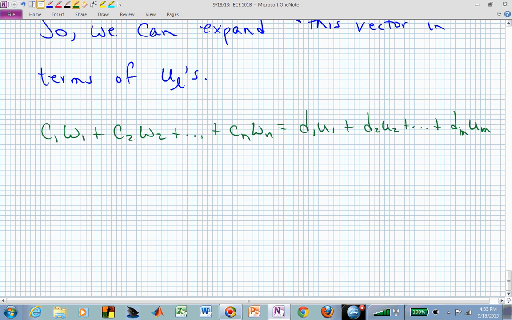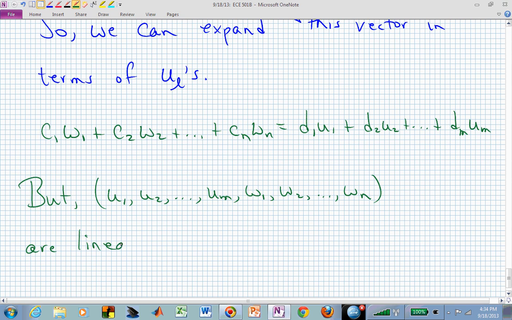So let's write that down. This relationship now says that all of these vectors, u1, u2, u sub m, w1, w2, w sub n, those are linearly independent by construction.